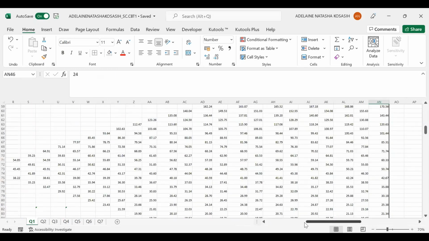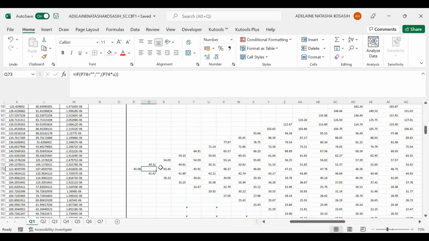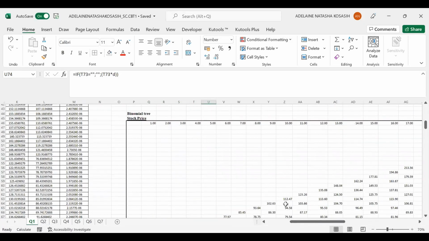Actually, you can just drag from here, from P74 until QRS, so it has the same formula. If you use Excel, you can just drag all the way until period 24.